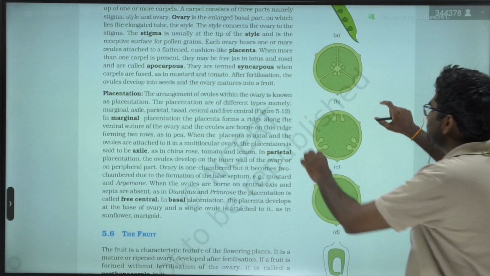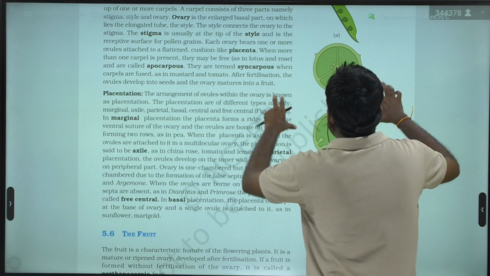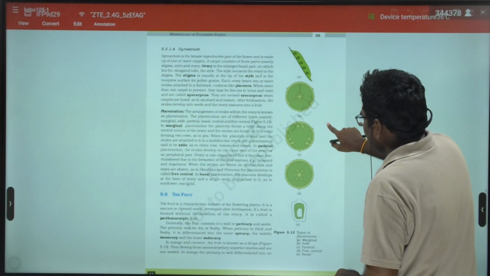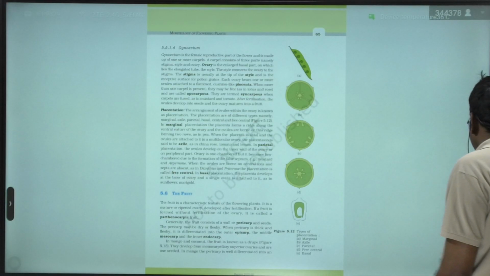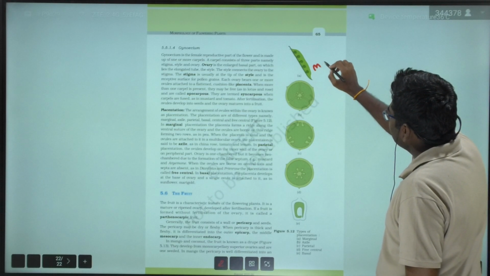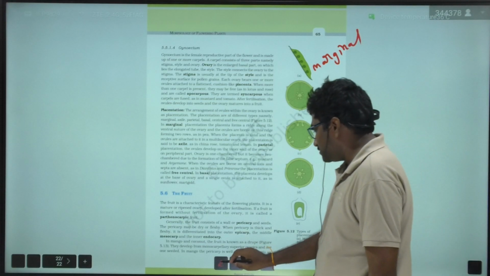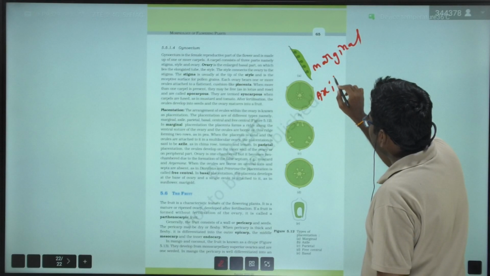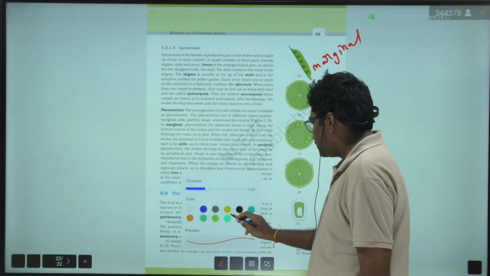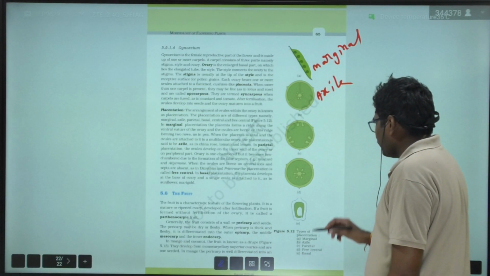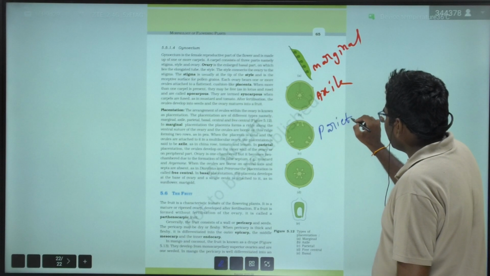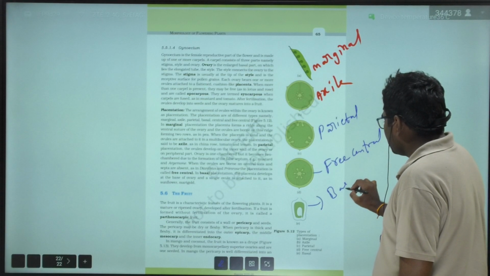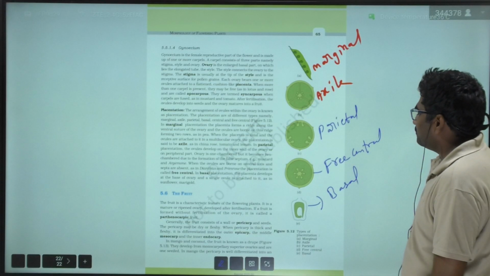We have different types of placentation: marginal placentation, axial placentation, parietal placentation, free central, and basal placentation.